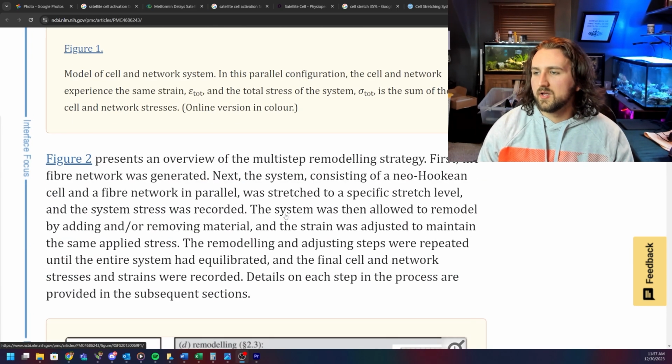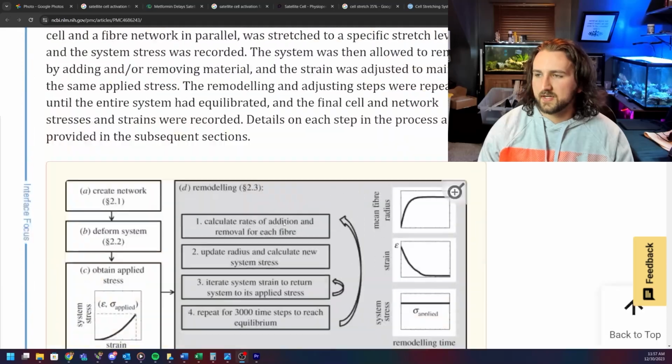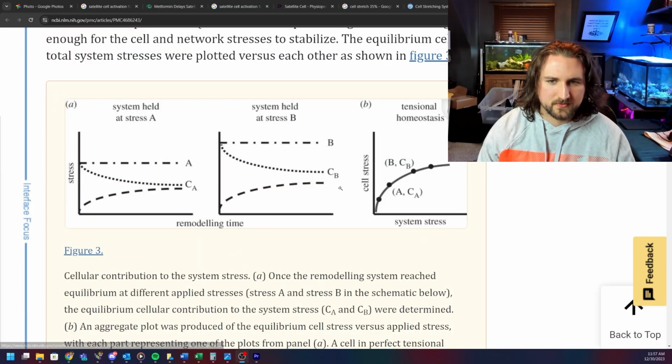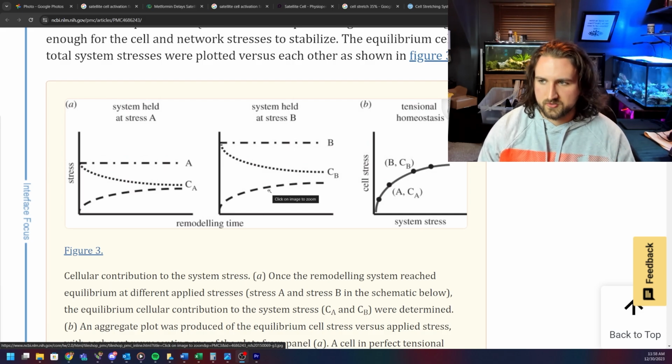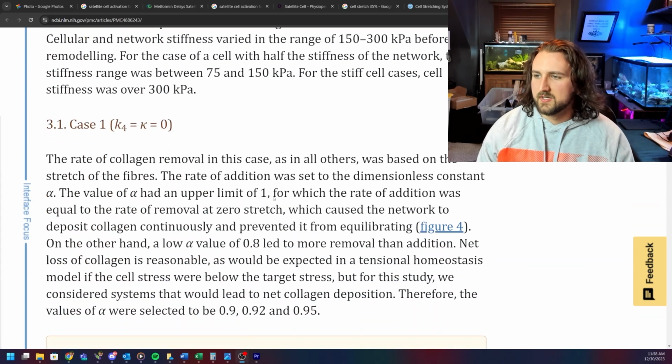So if we look at a normal study, while we're looking at these graphs, we're going to get a line at the top, that's the constant, that's the total stress in the model. Then we're going to get a line of network stress. Actually, this is cell stress. So we'll get a line for cell stress, and then we'll get a line for network stress, so collagen stress.